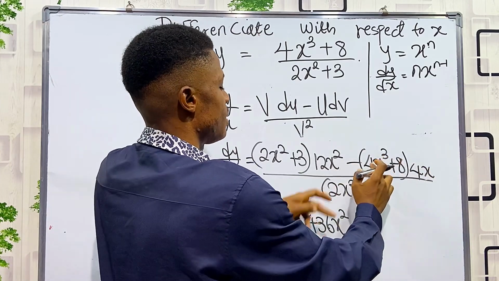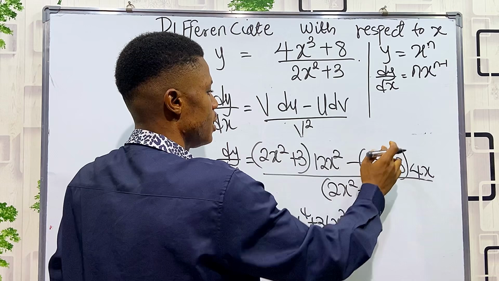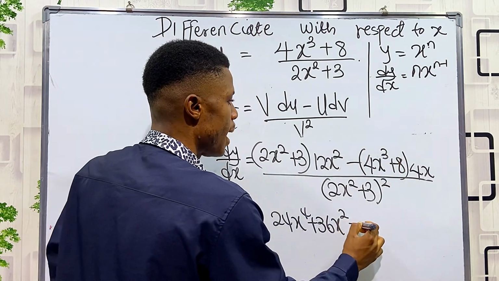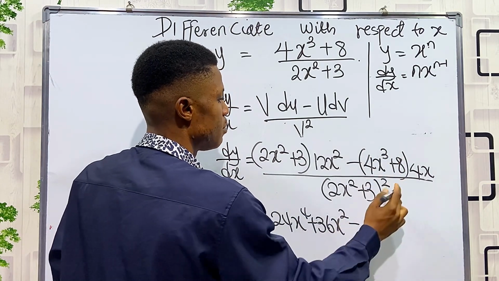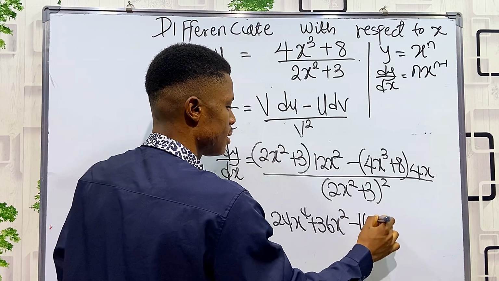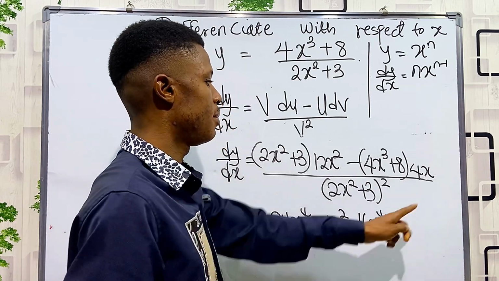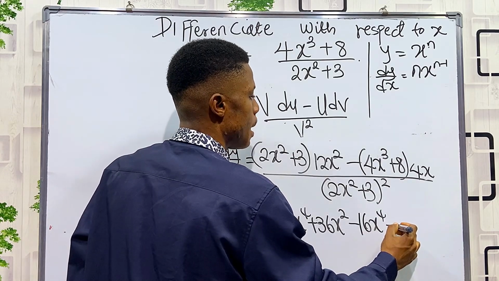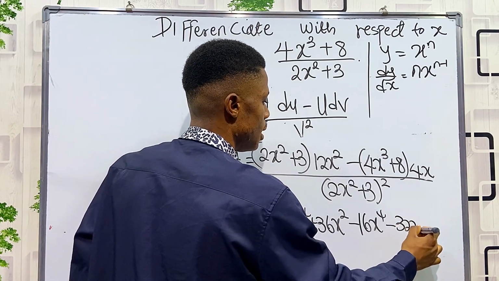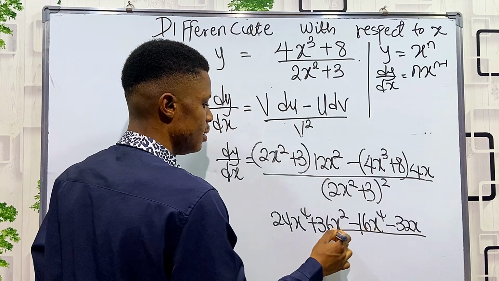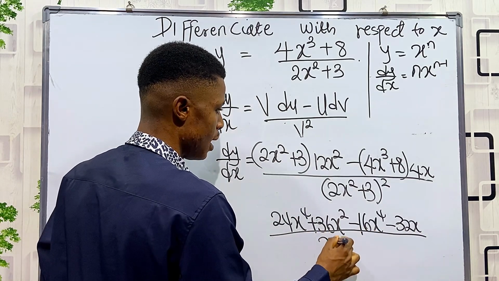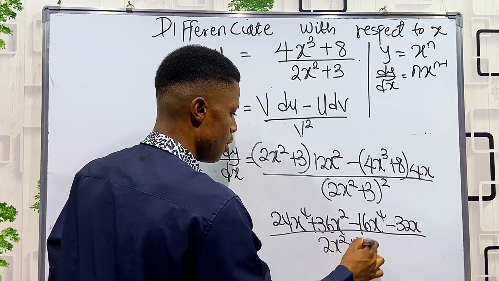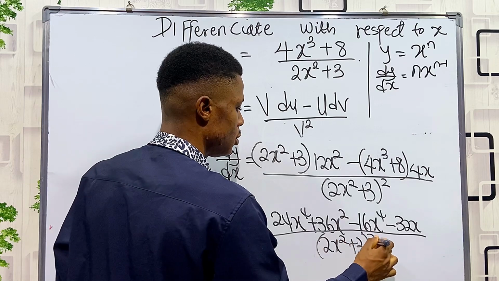Minus 4x times 4x squared will be minus 4 times 4 is 16, 16x to the power of 4. Then minus 4x times 8 will be minus 32x, divided by 2x squared plus 3 all to the power of 2.